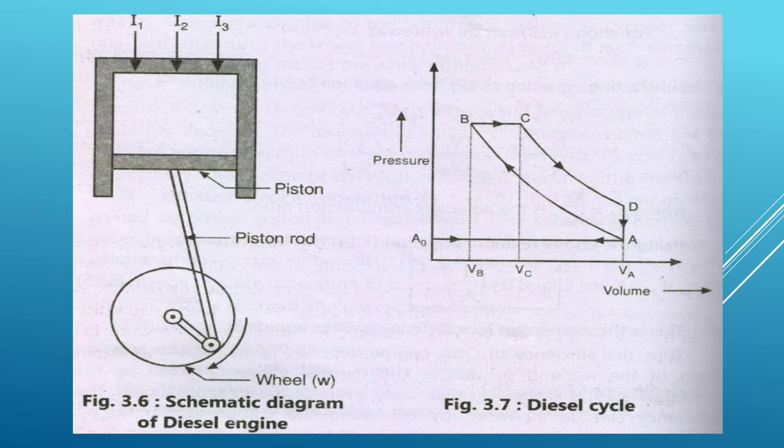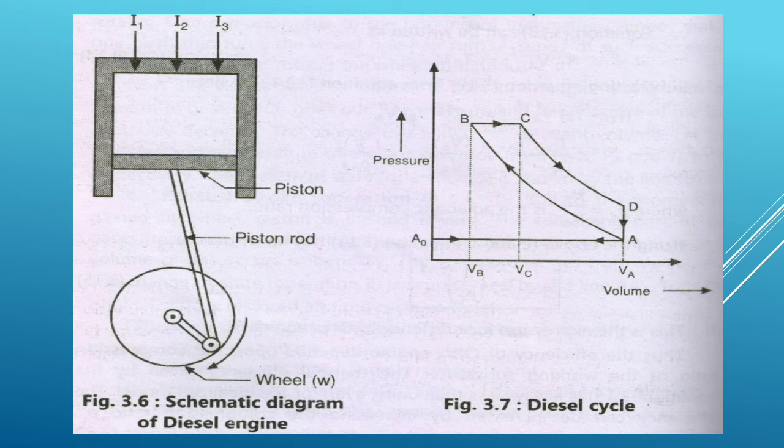Let the volume decrease from VA to VB. Consequently, the temperature of air increases from TA to TB. The temperature rises to about 1000 degrees centigrade during this process. Now this change is represented by the curve AB.